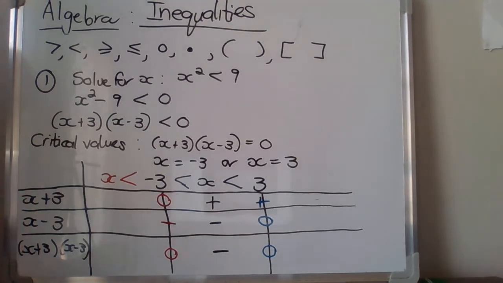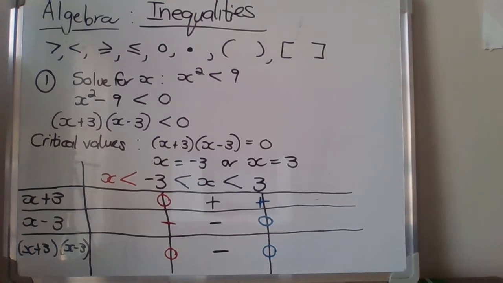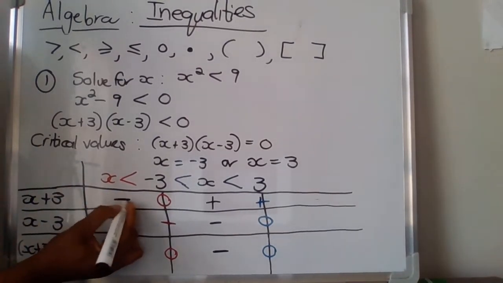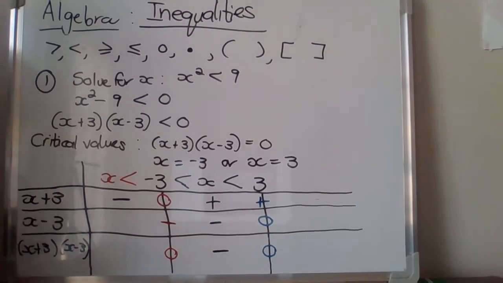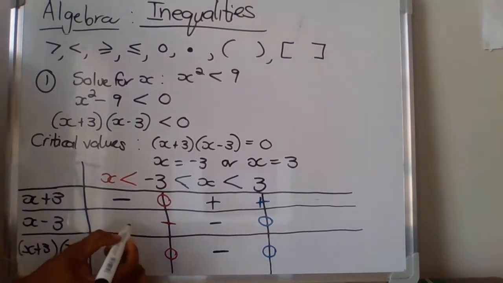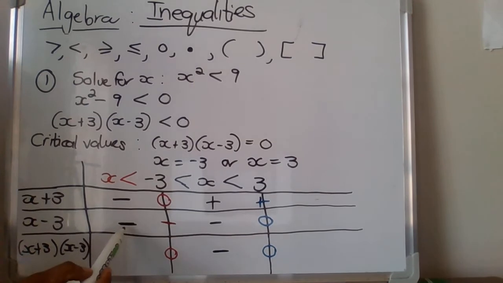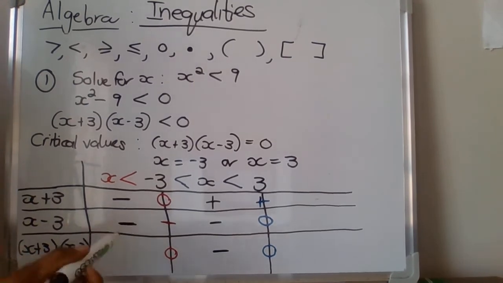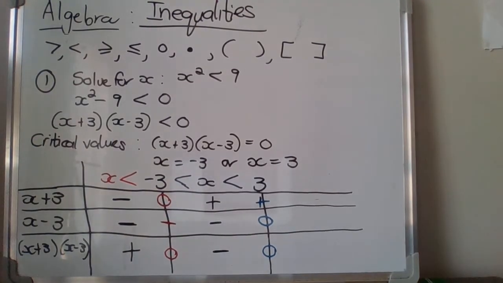What happens when you get minus 4? It's minus 4 plus 3, so this value here is a negative value. When I put minus 4 in here, I get minus 4 minus 3, so it's minus 7. It gives me a negative value. And then what happens when I have a negative and a negative? Negative times negative becomes a positive value. Okay?